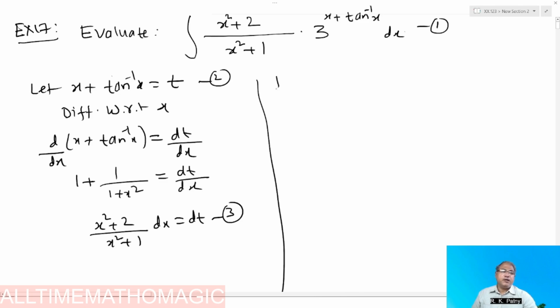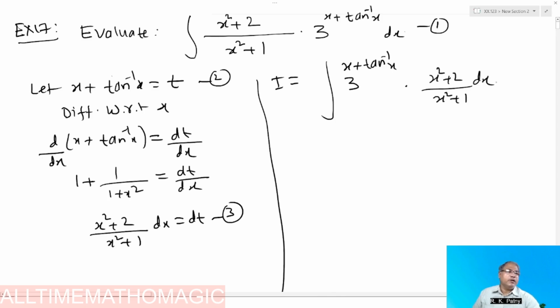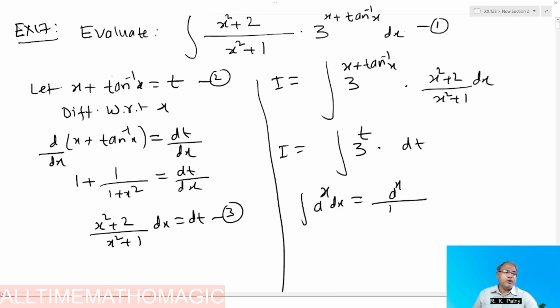After that, the given question can be written as I equals to integration of 3 raised to x plus tan inverse x into x square plus 2 upon x square plus 1 dx. So from equations 2 and 3, this becomes 3 raised to t dt. Integration of a raised to x with respect to x is nothing but a raised to x upon log a plus c.